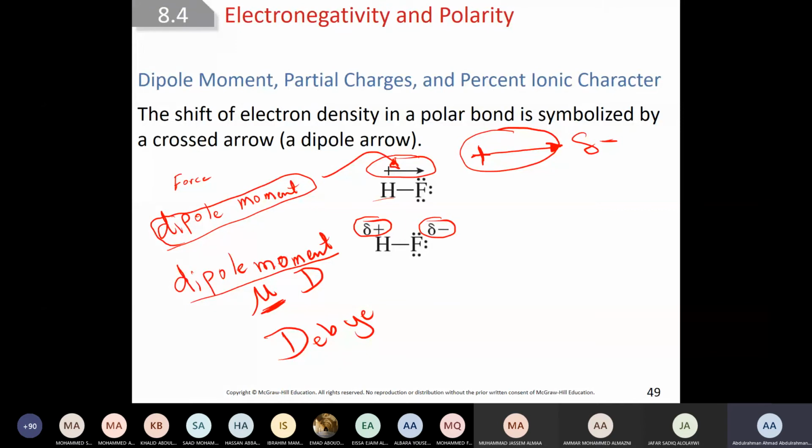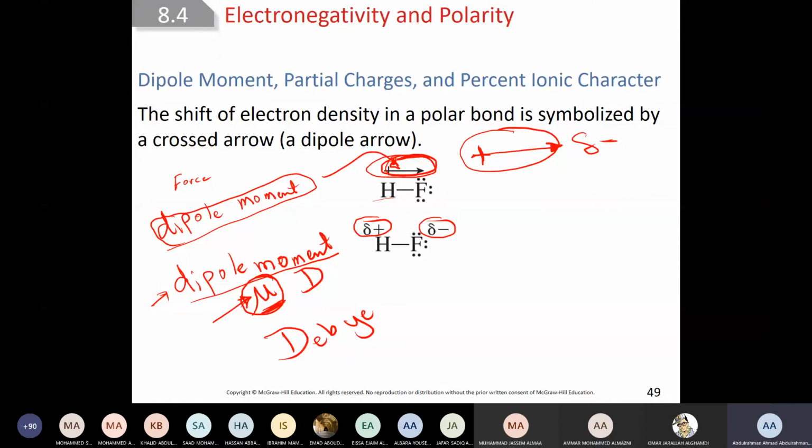What's the name of this letter? μ. Yeah, what is it? Mu. Dipole moment. What do you mean by the dipole moment? The arrow.